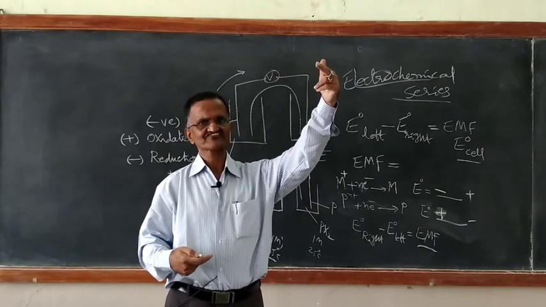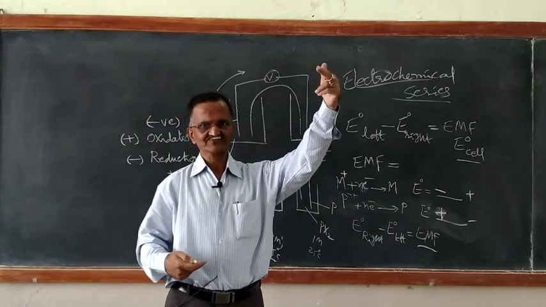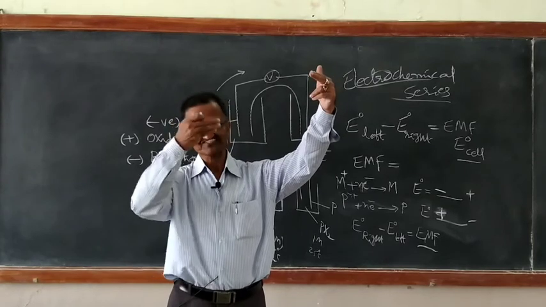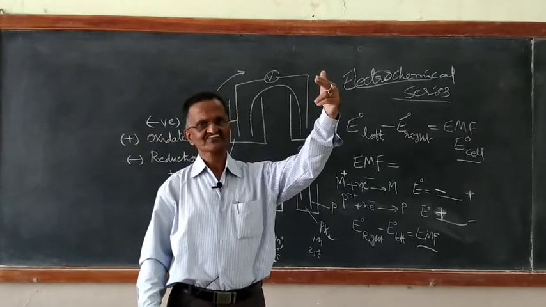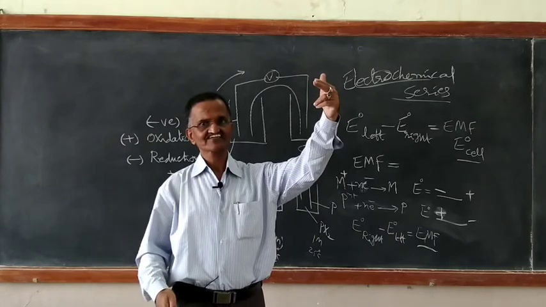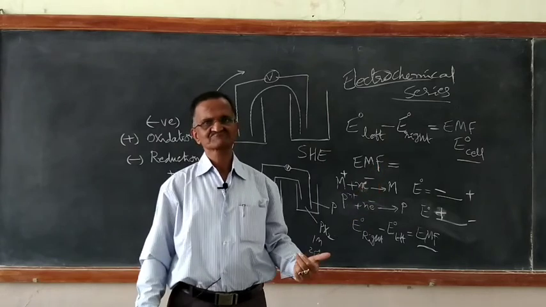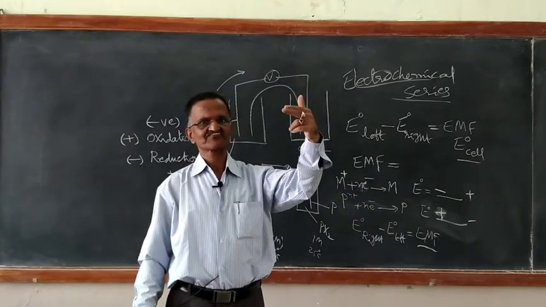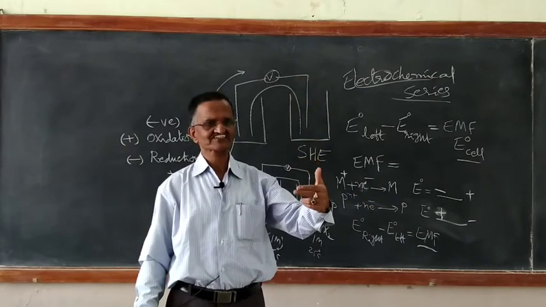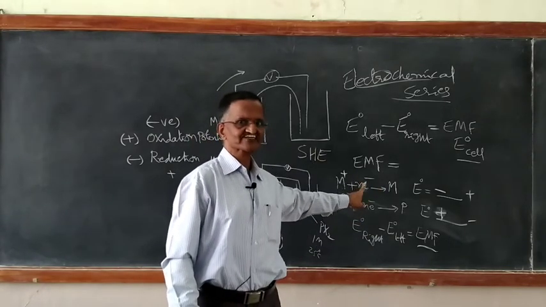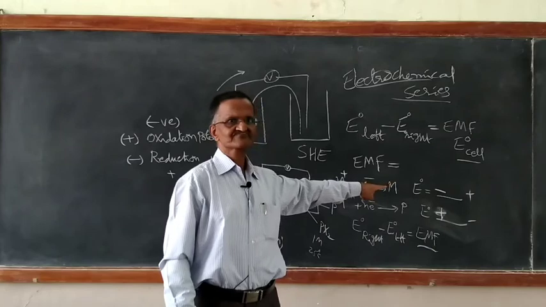First one: not ready to undergo reduction. Last one: not ready to undergo oxidation. It will come towards the end. Because the values will tell. In the beginning we will have the values in terms of minus, minus, minus, not ready to undergo oxidation, or ready to undergo reduction.